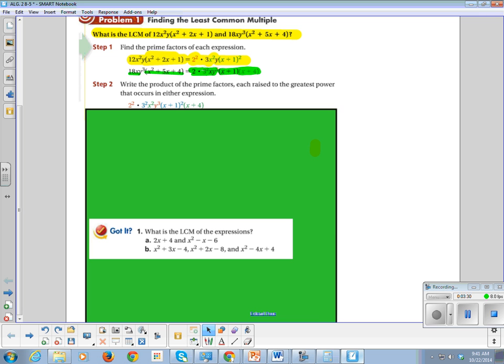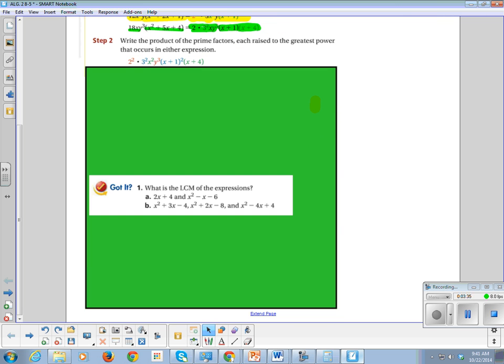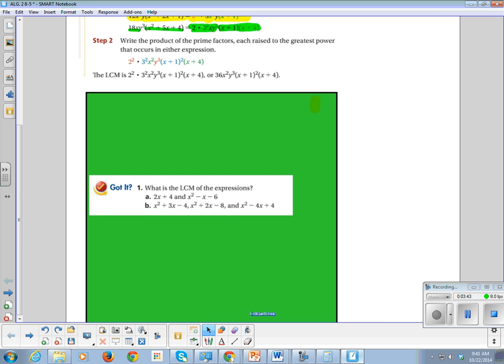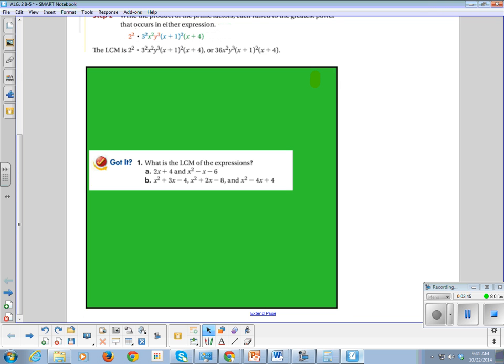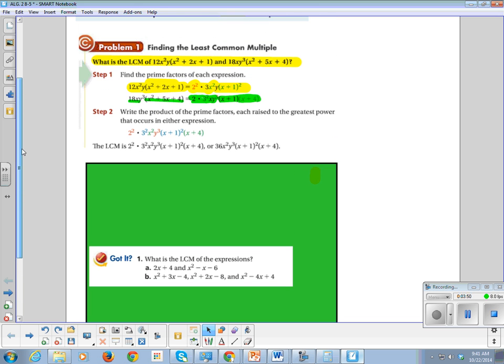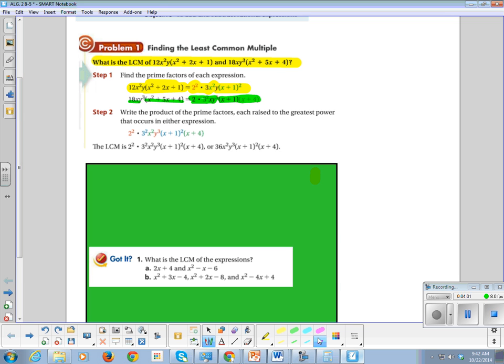Our second step is to write the product of the prime factors, each raised to the greatest power that occurs in either expression. So we're going to compare the two now. I like to do this comparison when it's stacked on top of each other.